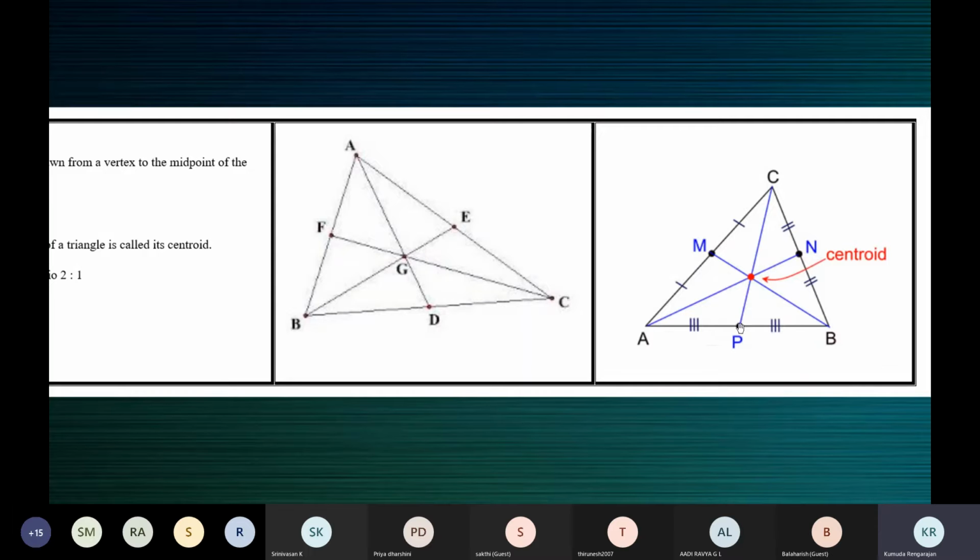So the coordinates of P will be, this is x1, y1, 0, 0, and this is x2, y2, 4, 4. So it will be x1 plus x2 by 2, 0 plus 4 by 2. So 4 by 2, which is 2. And again, y1 plus y2 by 2, 0 plus 4 by 2, so 2. So the coordinates of P will be 2, 2.